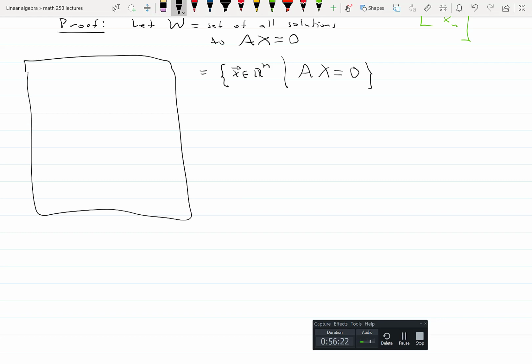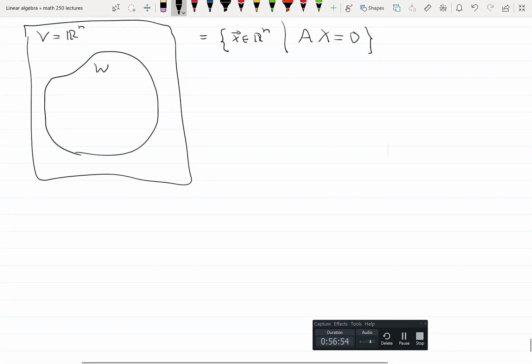The big master vector space that we're in is Rn. And I think your author proves that V equals Rn is a vector space. We showed a special case where n equals 2. We showed that R2 was a vector space. So Rn is the known vector space, and W is that subspace. It's the set of all solutions to the system of equations Ax equals 0.